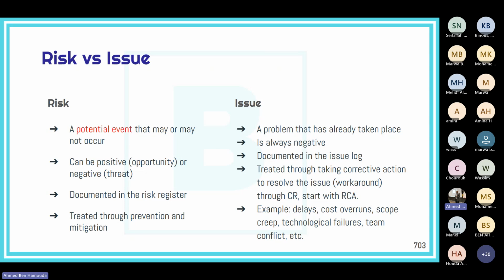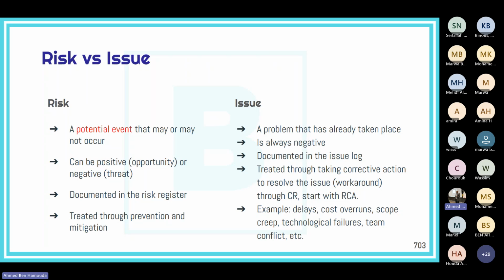Okay, so risks can be positive or negative, even though many people, when they do business, are used to mentioning the word risk to refer to an event which could have some potential negative impact.